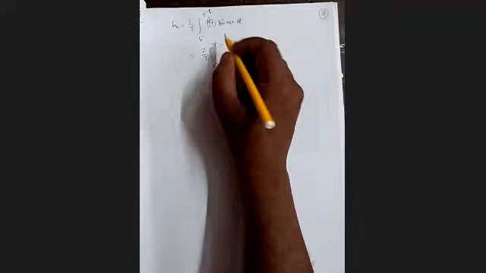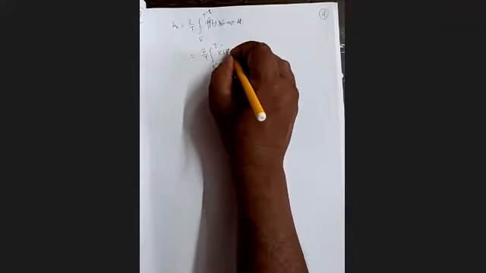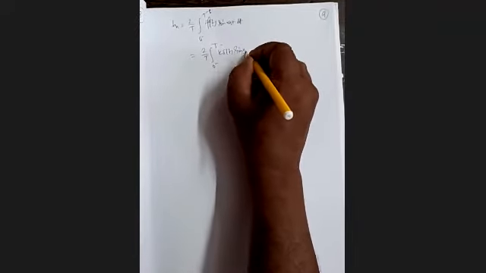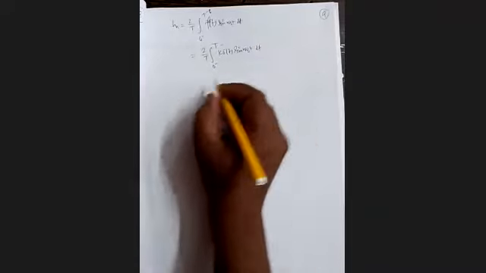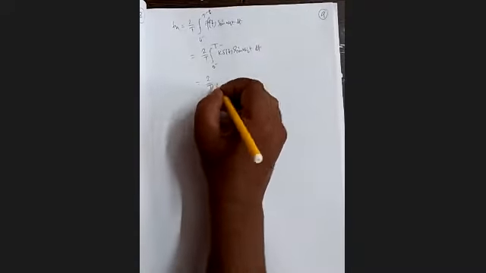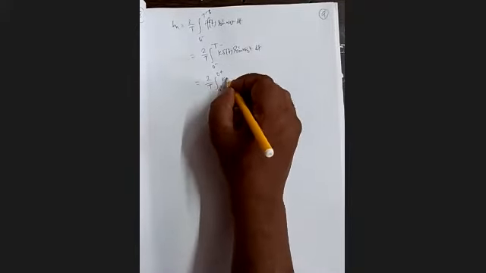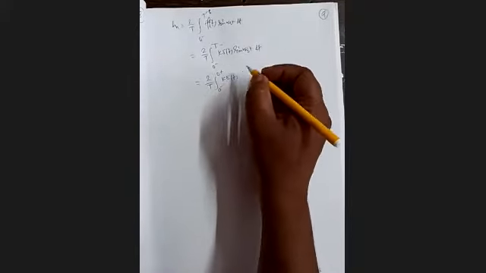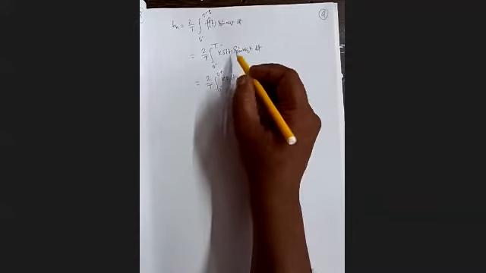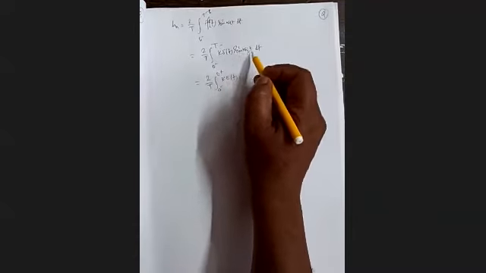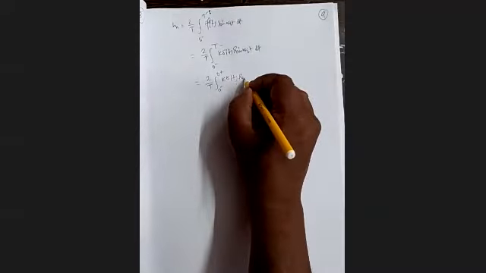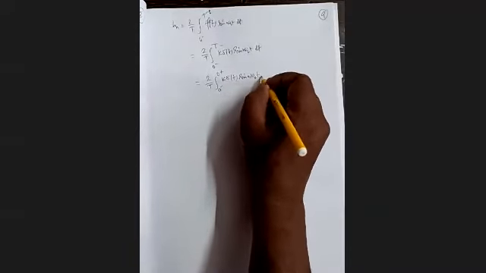Now in that interval it will be k into delta t sine. We can write it as 2 by T, 0 minus to 0 plus, k delta t. Now, shifting property: delta t means t minus 0, and 0 will take the value of t. Sine n omega 0 into 0.